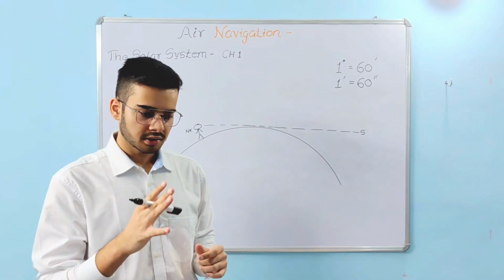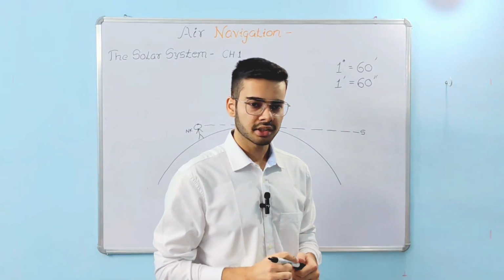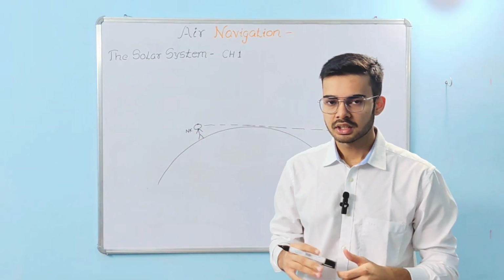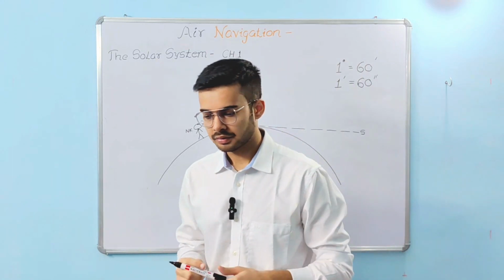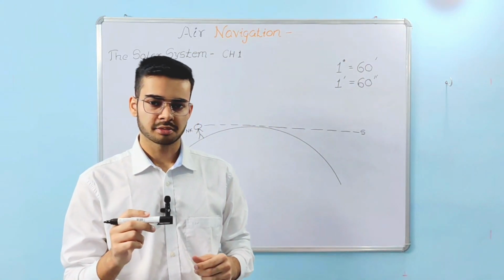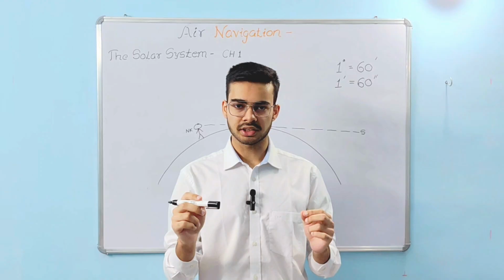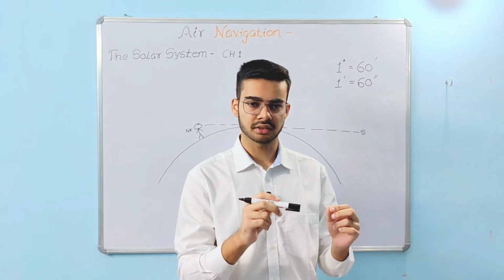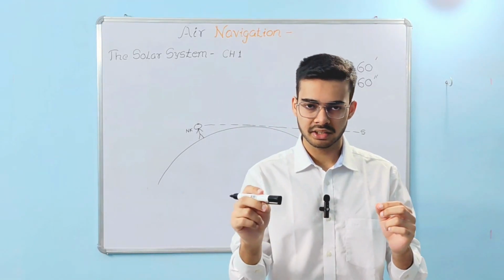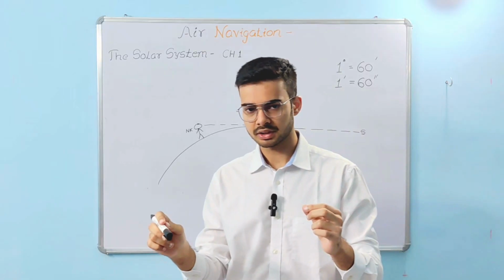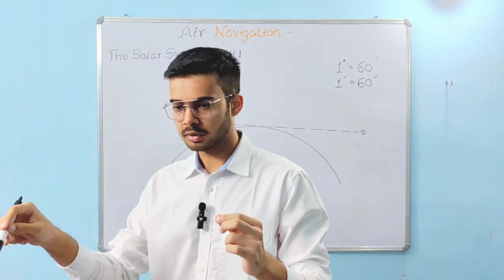The three types of twilight that I mentioned earlier: the definition in the R.K. Bali book was when the sun is between 0 to 6 degrees below the sensible horizon. To be precise, the sun's center is 0 to 6 degrees below the sensible horizon.